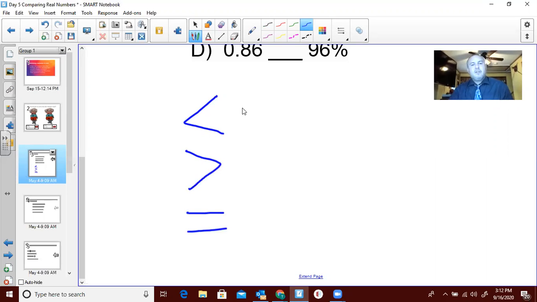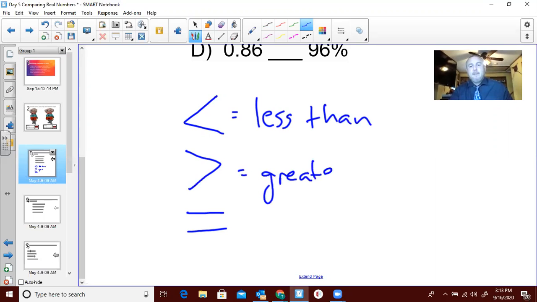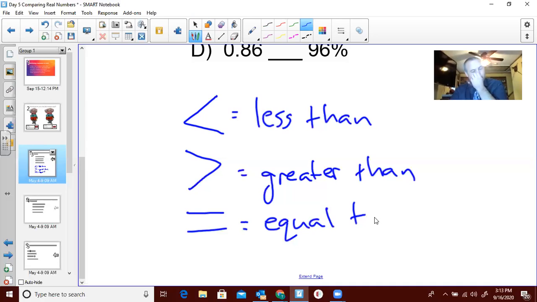Now, we've all seen these symbols before, so we know that this one stands for less than. We know that this one stands for greater than. And we know that this one, which I've already used now twice, stands for equal to.